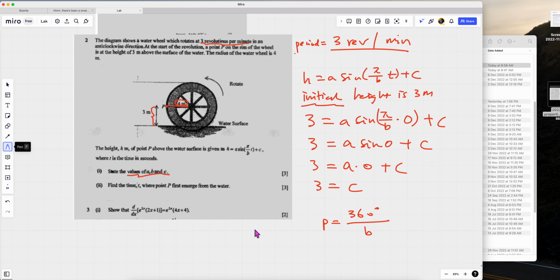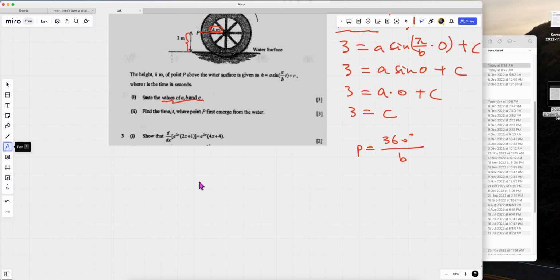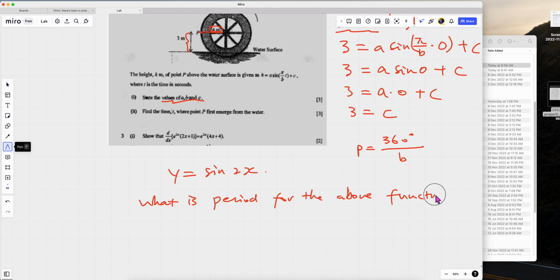If you cannot recall, then you better recall. So if I ask you to give me y equals sine 2x, and I ask you what is the period for the above function, how do you get it? 360, because it's a sine function.